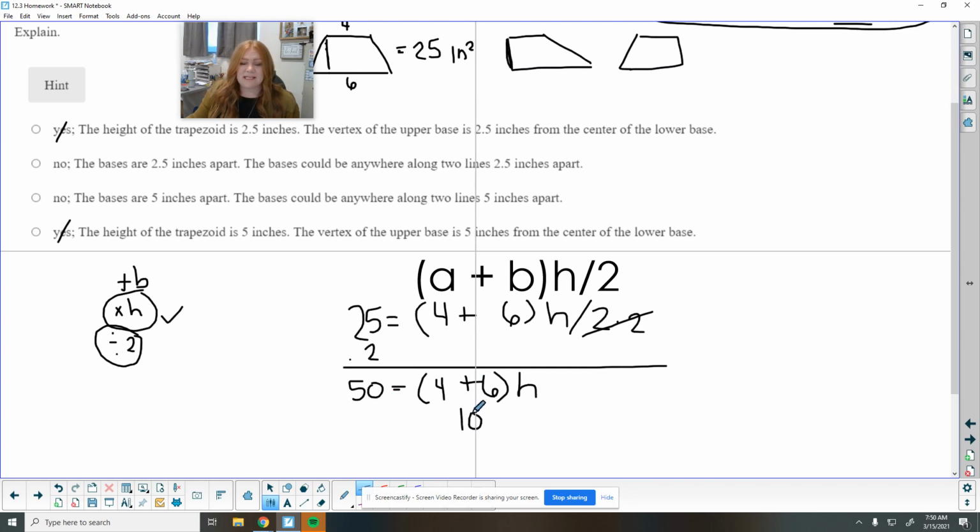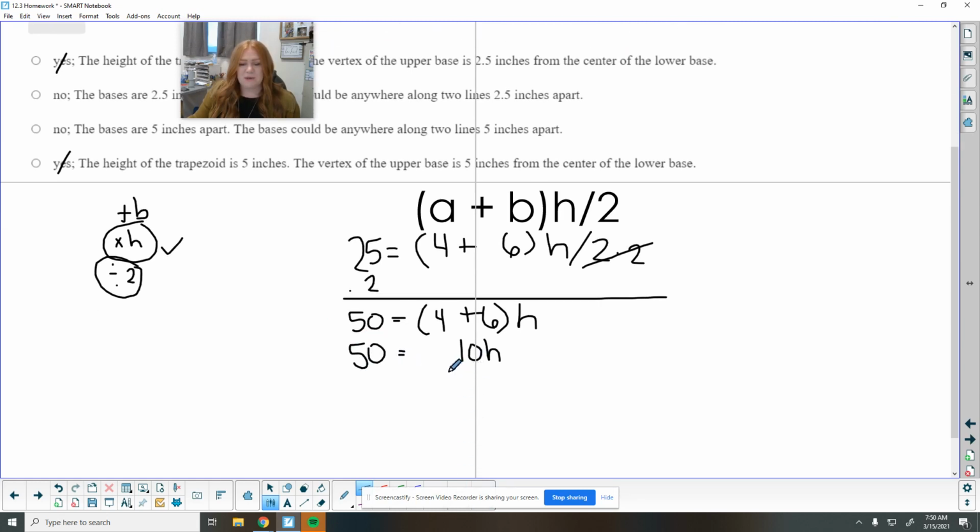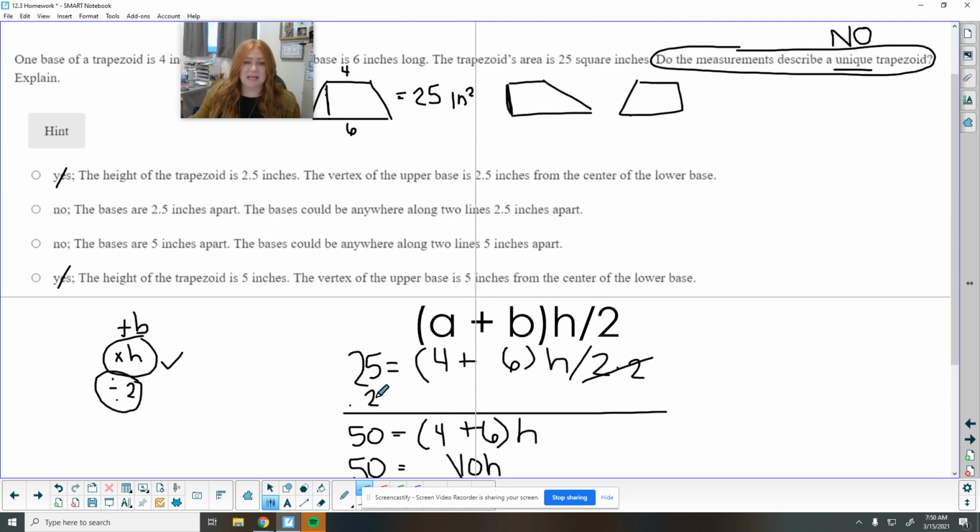So 4 plus 6 is 10 h, and we've got 50 over here. So we want to divide by 10 on both sides, and that will tell us the height. 50 divided by 10 is 5, this canceled out, 5 equals h.